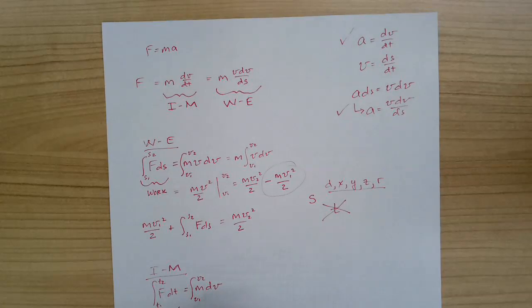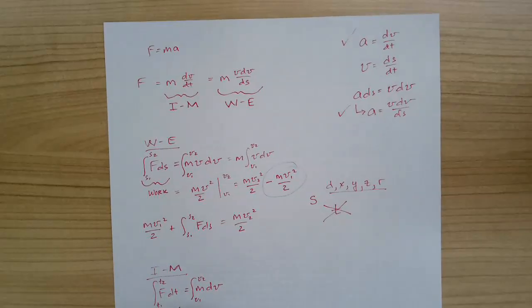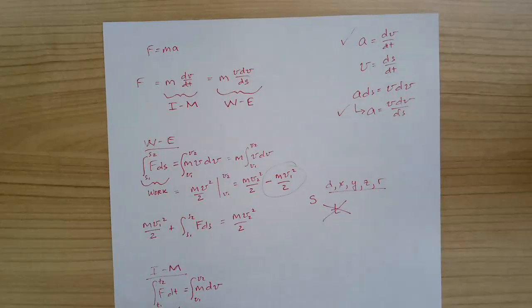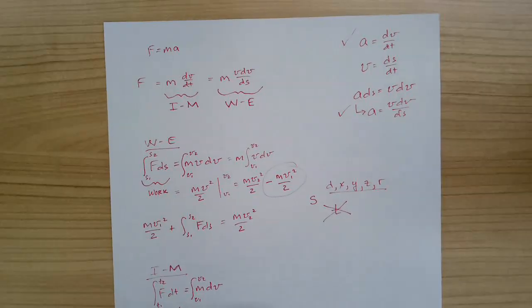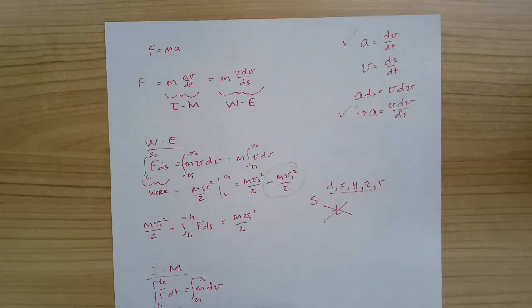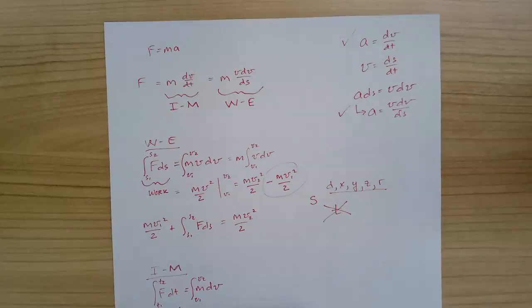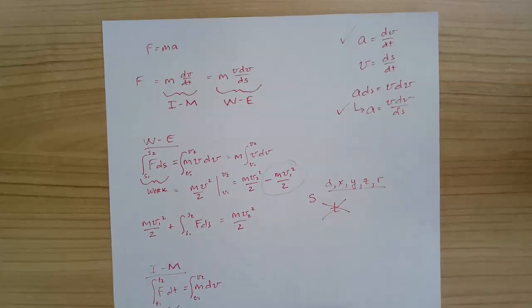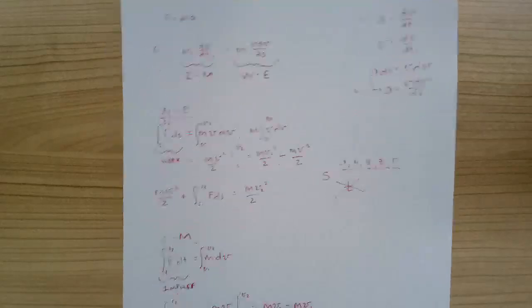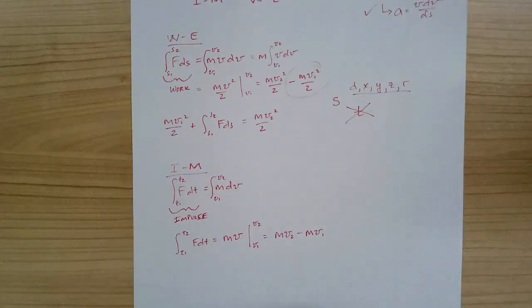Again, the mass could come out, or we can just integrate. We'll have the integral from T1 to T2 of F dt is equal to mv evaluated from V1 to V2, or mv2 minus mv1. And this is the momentum. My apologies, I have to move the page. I'm sure you can catch up.